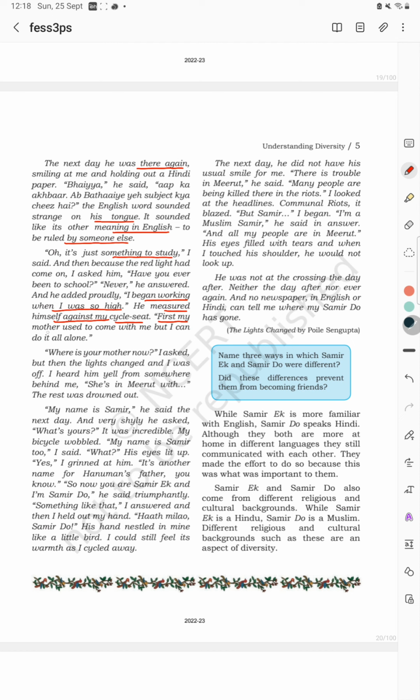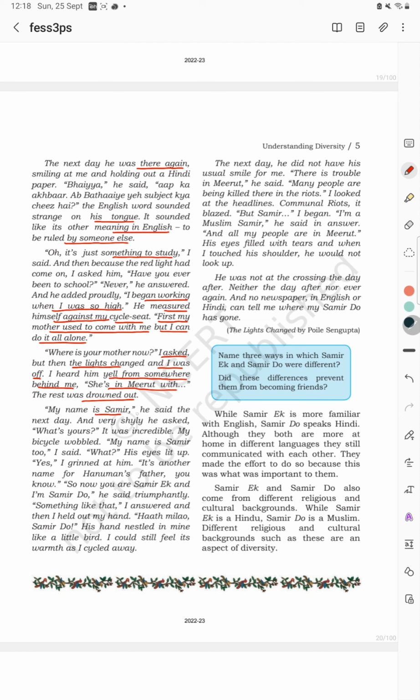"First, my mother used to come with me, but now I can do it all alone." "Where is your mother now?" I asked. But then the lights changed and I was off. I heard him yell from somewhere behind me, "She is in Meerut." The rest was drowned out.